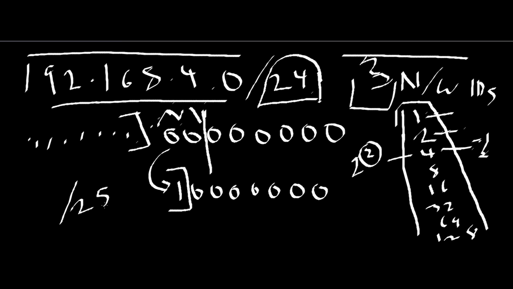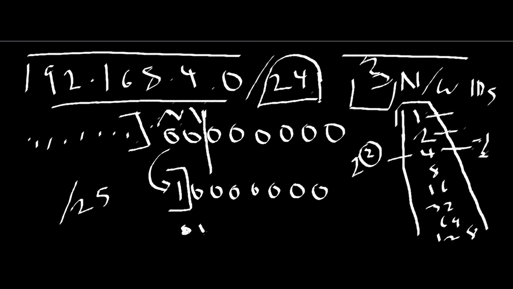But with just this, we can't do much, can we? No, we can't do much. So in order to really get our 3 network IDs, take note, this bit is either a 0 or a 1. We have only 2 options, so this is essentially equal to 2 to the power 1.